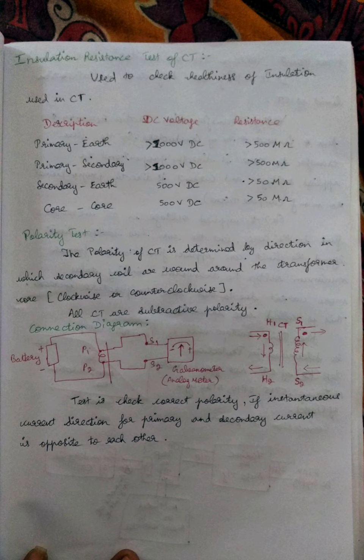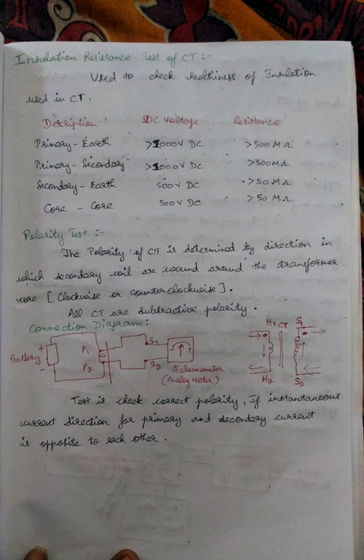Then core to core: in the secondary there will be multiple cores, so we need to check the insulation between the cores also. Between core 1 and core 2 we inject 500 volt and we need a resistance value of more than 50 megohm.